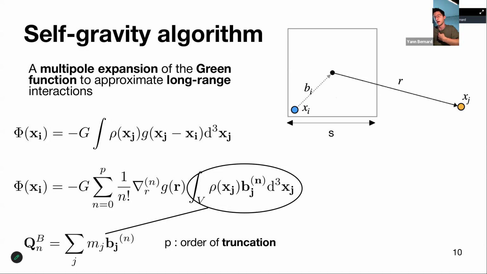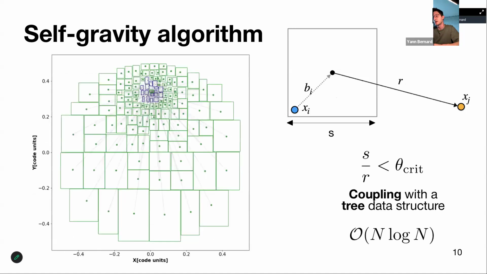Coupled with a specific tree structure, you can save a lot of computation by using an opening criterion that tells you if you can approximate the interaction or not. With that, the complexity drops to n log n, which is way more suitable.